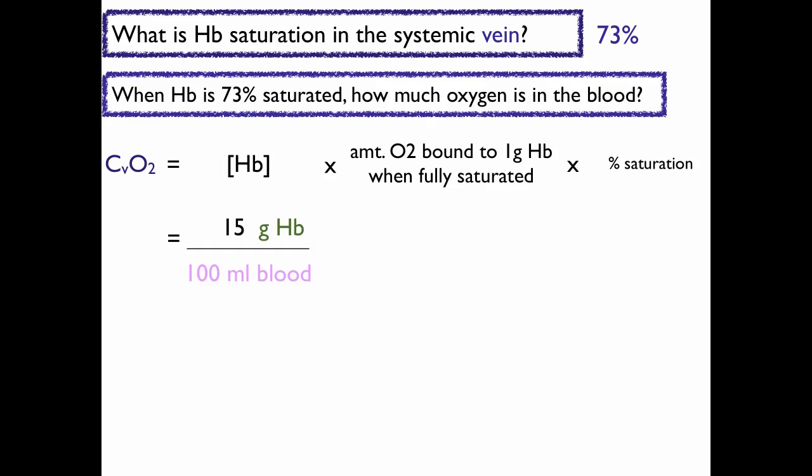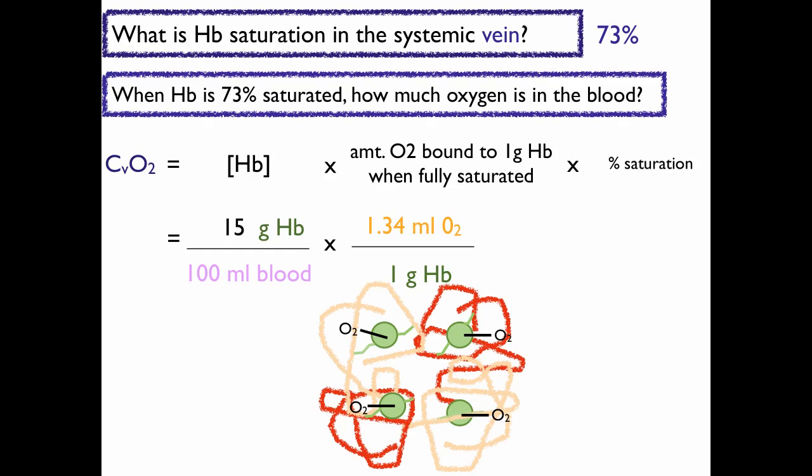So again, for our average male living at sea level, he would have an average concentration of 15 grams of hemoglobin per 100 milliliters of his blood. And we multiply it by the constant of how much oxygen 1 gram of hemoglobin could hold, if it was fully saturated, but it's not. It's only about 73% saturated.